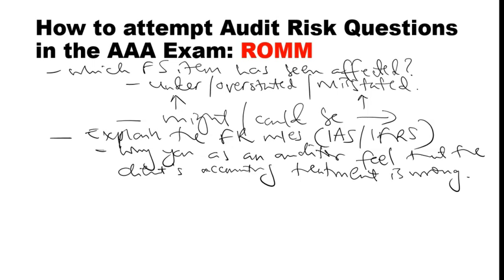So after you explain the financial reporting rules, for example, inventory is valued at the lower of cost and NRV. All right, that's the rule. And then in terms of ABC Company's inventory recording approach, they have recognized inventory based on their fixed standard costs.